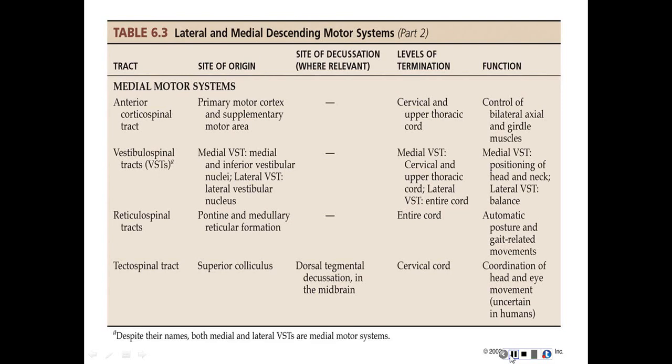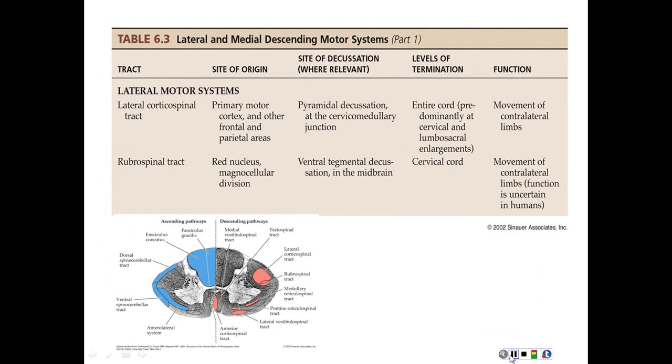Now, when it comes to major deficits and things that are going to go wrong in individuals, it's clear that the major pathway I've talked about is this one here, lateral corticospinal. So it's these 5 things here that are absolutely important that you understand.